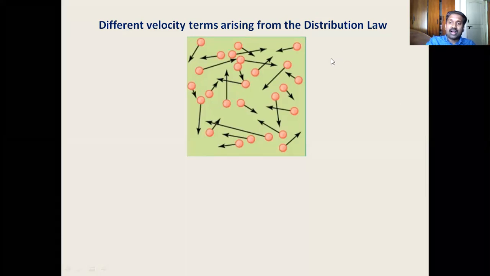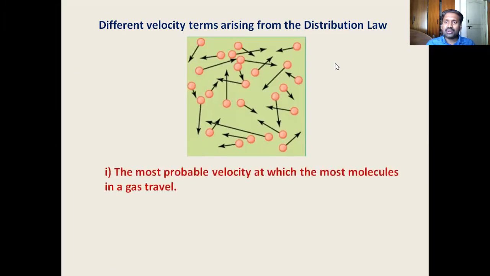One type of velocity is the most probable velocity. Most probable velocity is the velocity at which the most molecules in a gas travel. It's the velocity of the most number of gas molecules. This can be derived from your Maxwell-Boltzmann distribution law, which we are going to do in the next class.